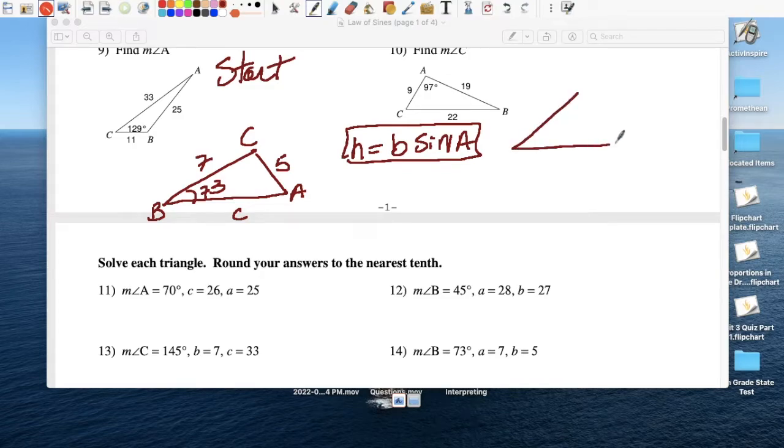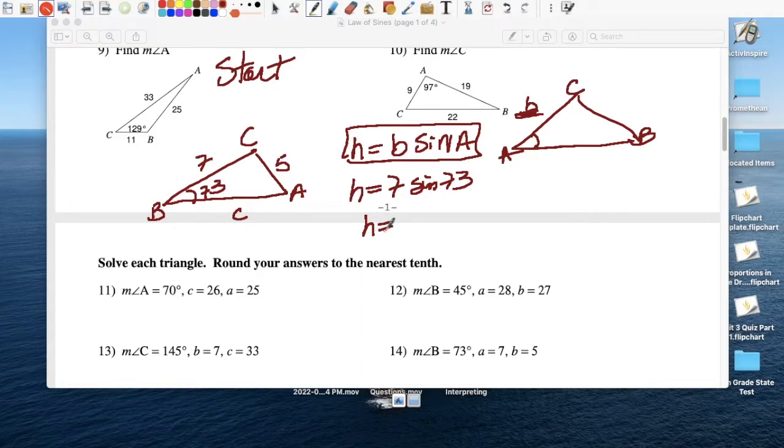When the triangle was like that, triangle A, B, C, right? So we use the sine of this angle and this side here. So in this case, we're going to do H equals 7, right? Because that would be the little b over here. 7 sine of 73.